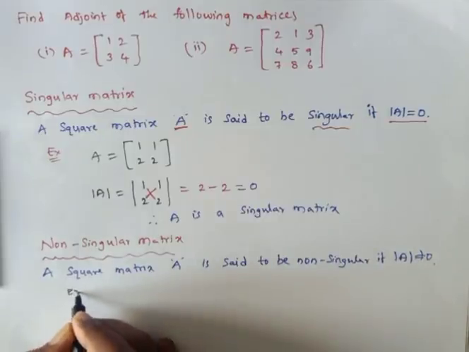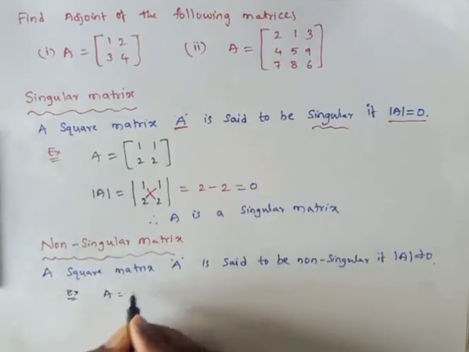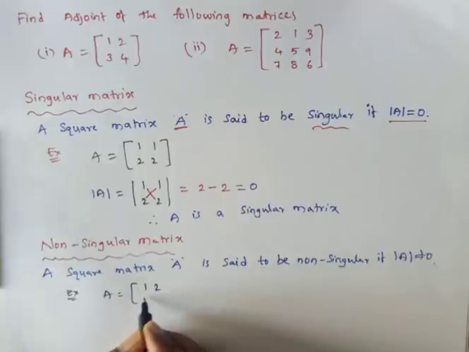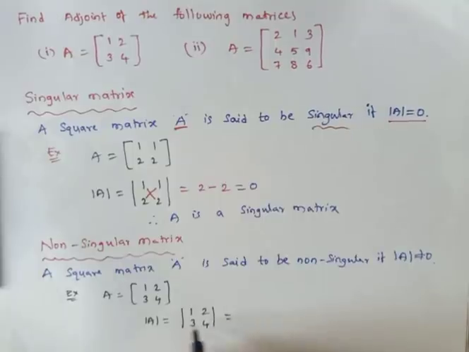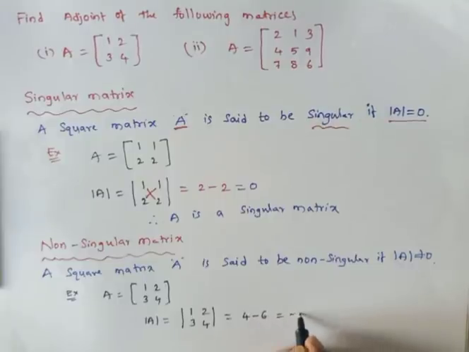For example, A is 1, 2, 3, 4. Now find the determinant of this: det A, which is the determinant of 1, 2, 3, 4, which is 1 into 4 minus 3 into 2, so 4 minus 6 is minus 2. So this is a non-zero term.